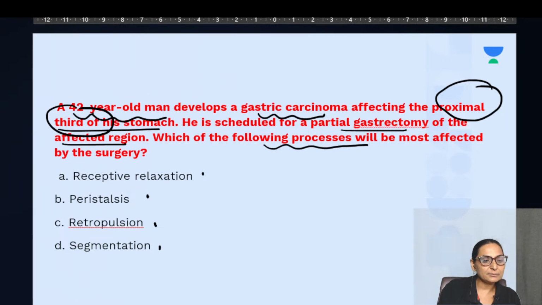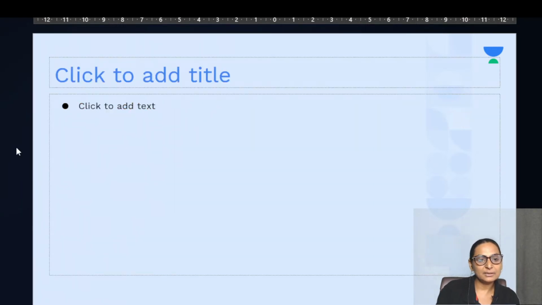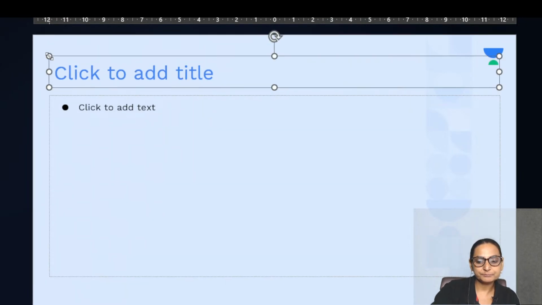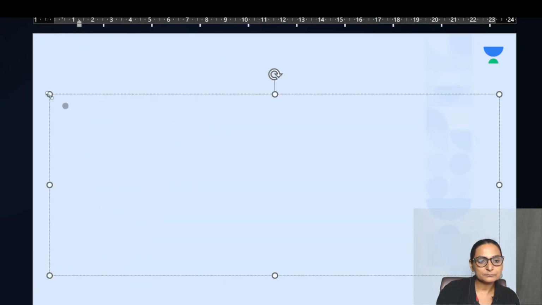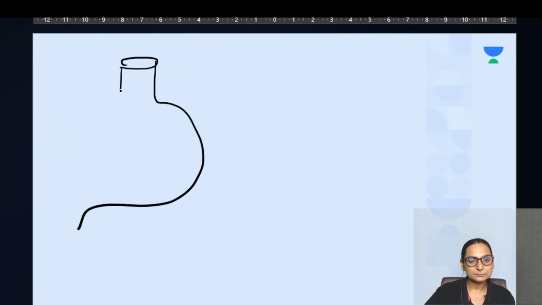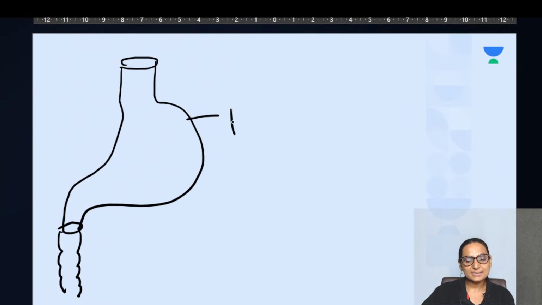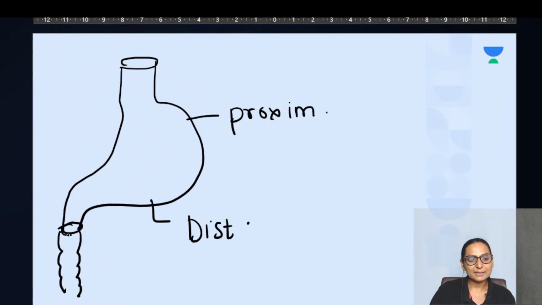Before I give you the correct answer, let's look at the stomach. Now see, when you consider your stomach, this is the proximal part of the stomach and the distal or the caudate part of the stomach, and this is your pylorus, right?